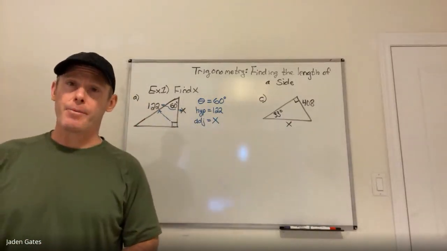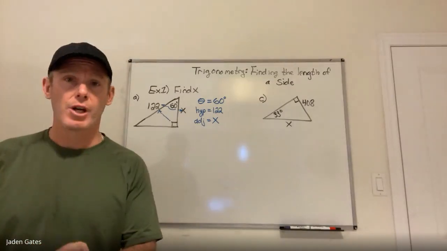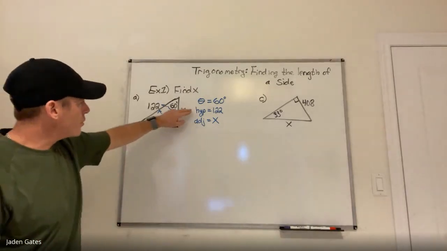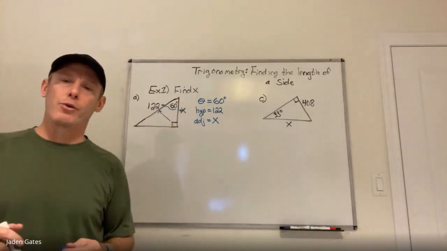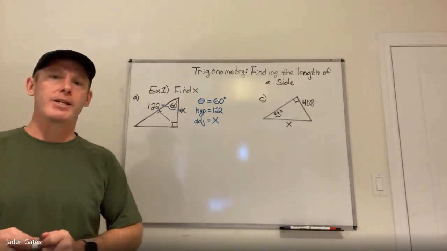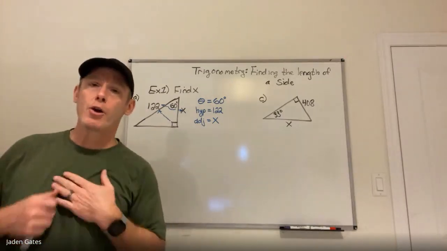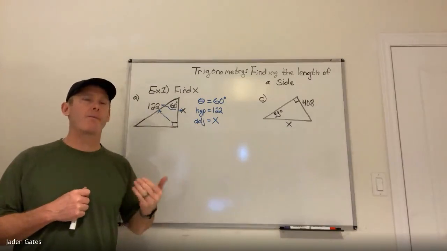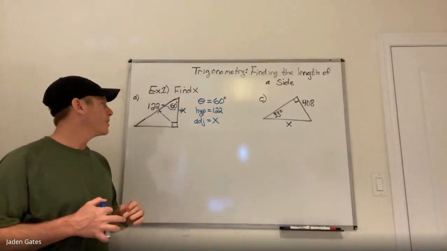So that's the first step, writing down your given information. The second step is determine which trig ratio you have to use. You don't get a choice here. There's only one trig ratio that is going to involve the hypotenuse and the adjacent. And so that's where those phrases come into play, helping you remember which one you're going to use. Real quickly, I go through it where I look at Sine on Highway, sine opposite hypotenuse. Now, that's not the trig ratio that I'm going to use.